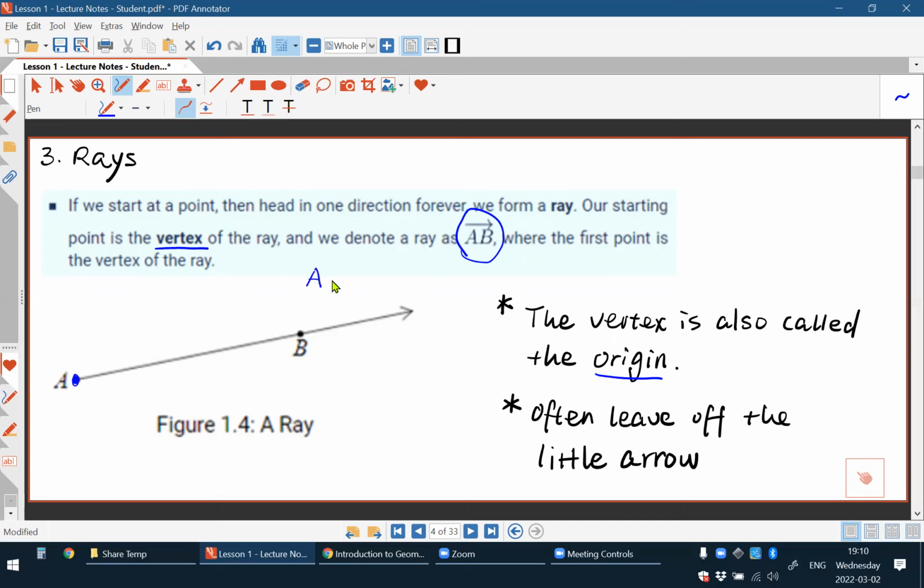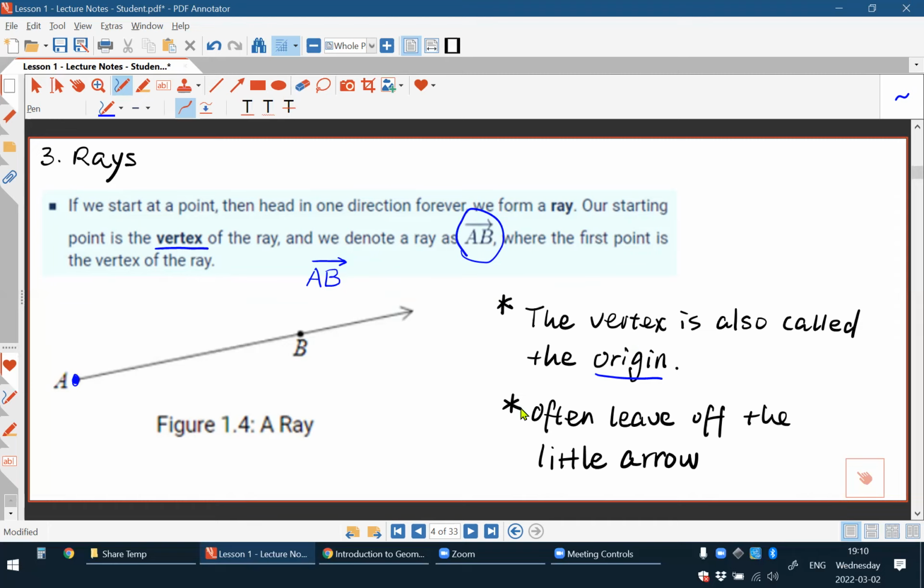So capital letters A, B mean 2 points on the ray. A is the origin point, and B is some arbitrary point on the ray, and we use an arrow to indicate this is a ray. Okay, the first point is the vertex of the ray, as shown here. A is the vertex of the ray.